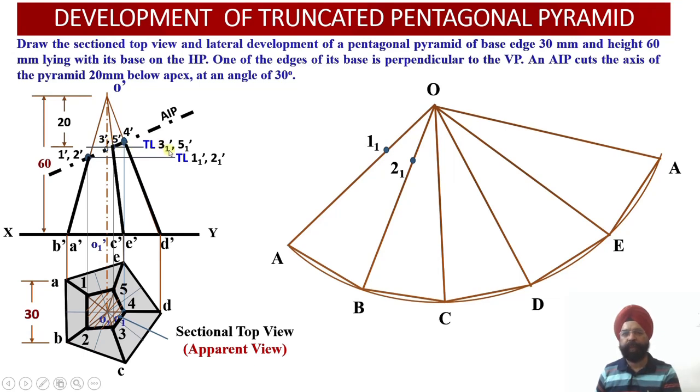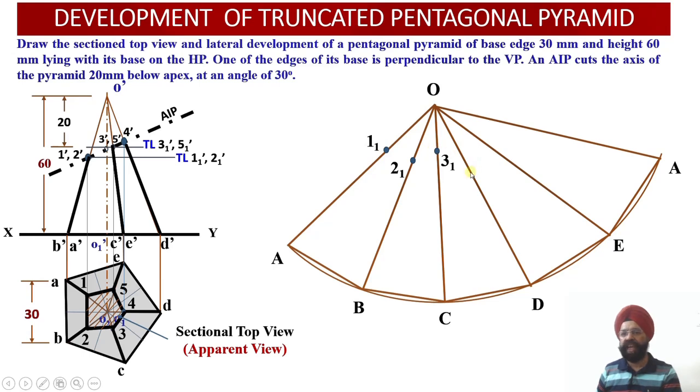So my new point becomes 3 1 dash, which is the true length corresponding to the POI 3 dash. I will be measuring this distance O dash 3 1 dash and mark it over here. Please check, it is this distance, measured and marked over here.